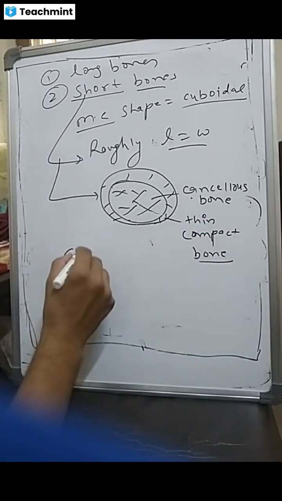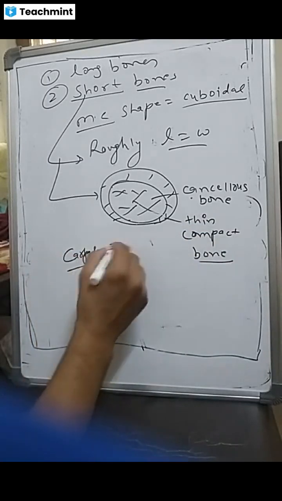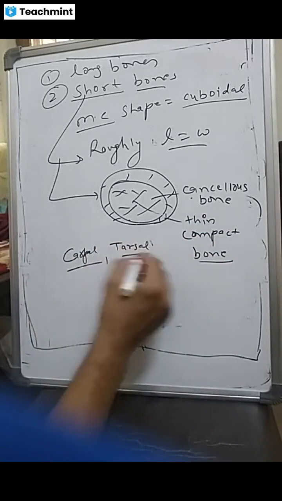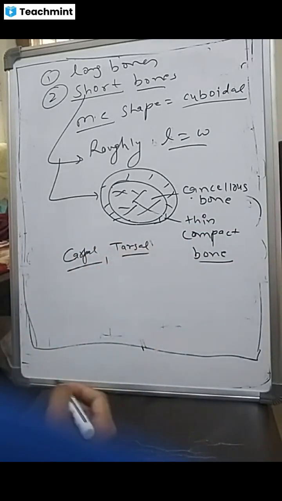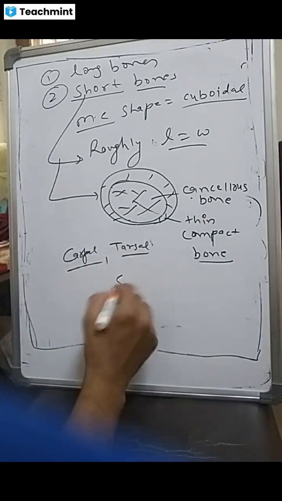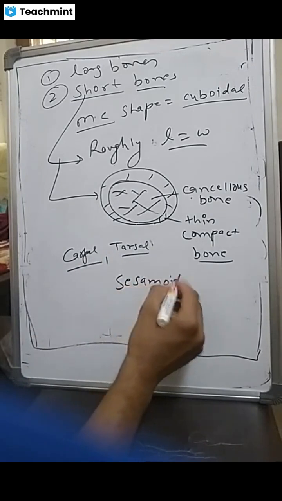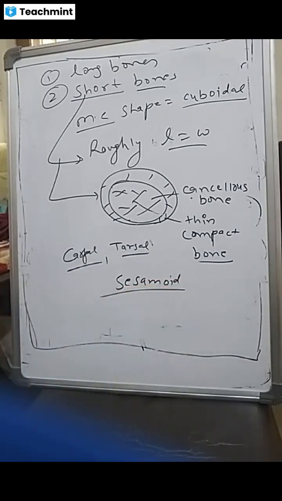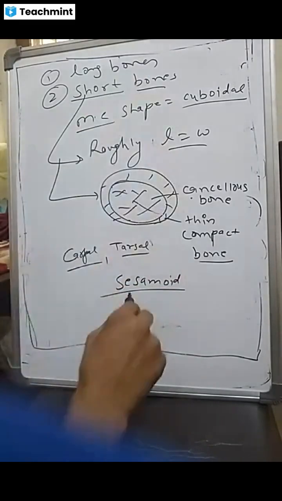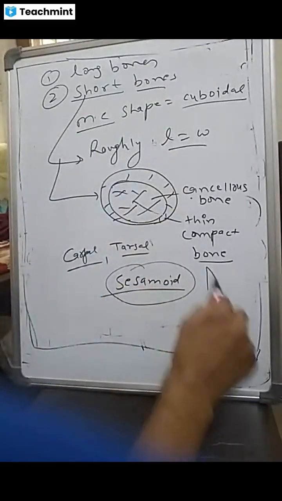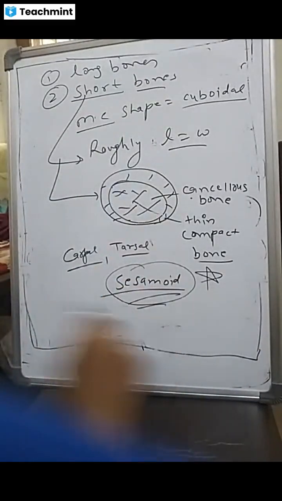Examples are the tarsal bones, and a small bone, for example, the sesamoid. So in short bones, we'll discuss these. They are very important bones.